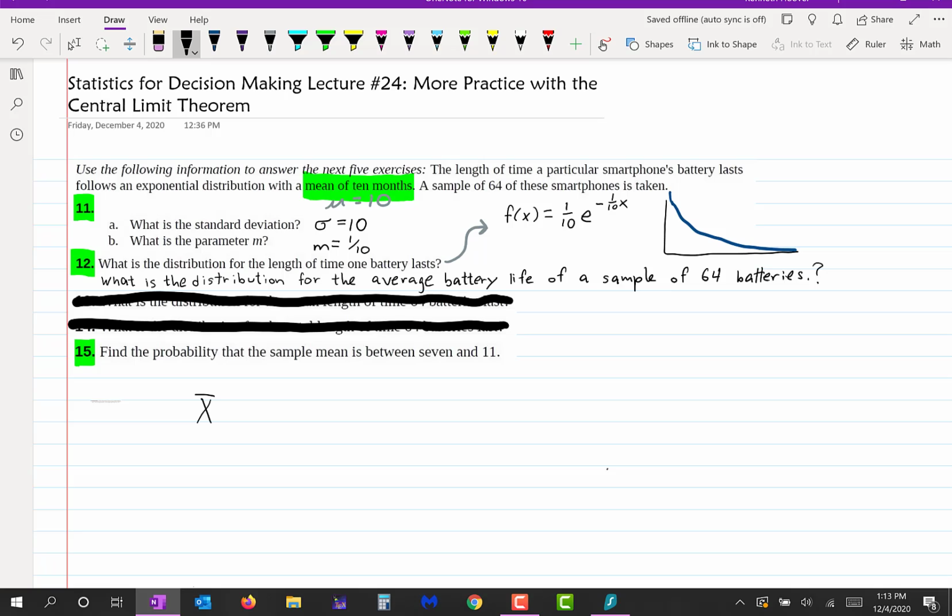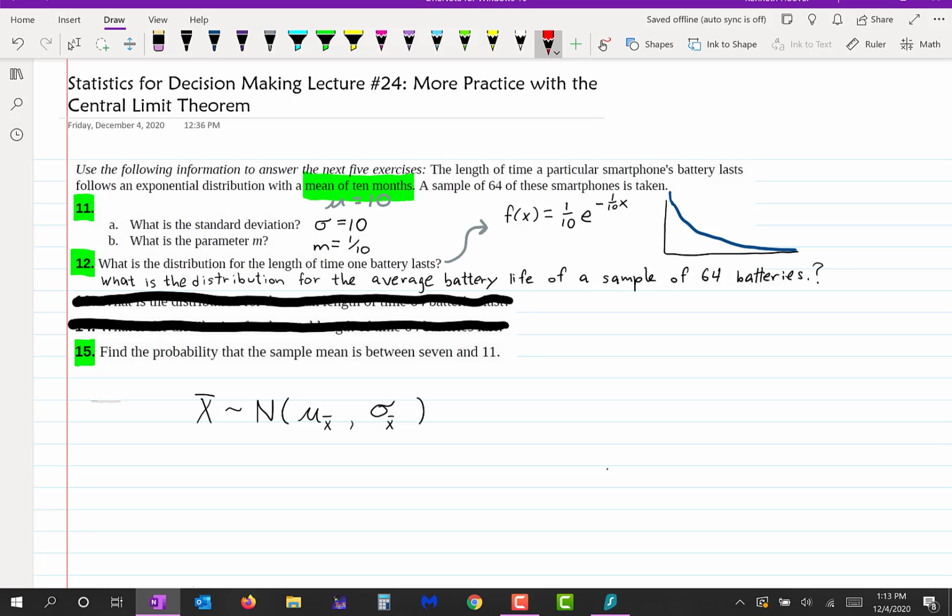And what we learned in the previous lecture is that x bar has a normal distribution, and the question is, what is the mean of that normal distribution, and what is the standard deviation of that normal distribution? Okay, we learned that in the previous lecture.